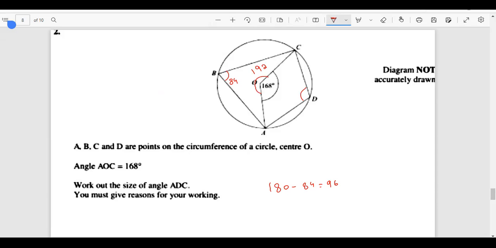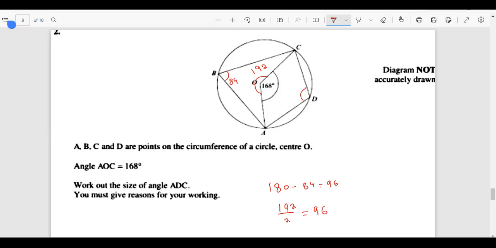What is half of 192? It would be 96. So you can use this logic, or 192 divided by 2, which gives 96.